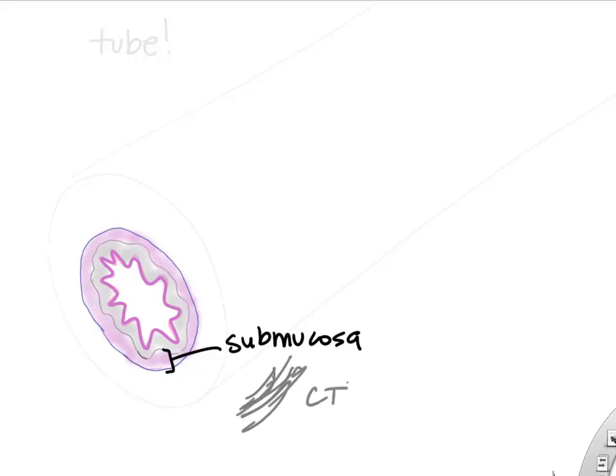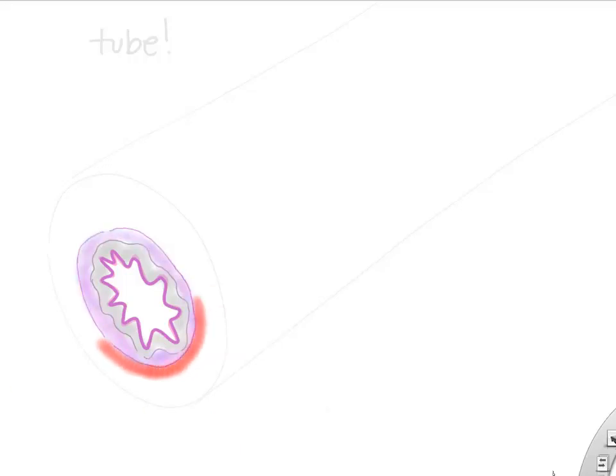The next layer in our digestive tube is mostly connective tissue, and that's called the submucosa. The submucosa has lots of connective tissue supporting space for things like blood vessels and glands and also neurons, again supporting our digestive tract and our digestive tube. Then we find a very thick, circular layer of muscle.